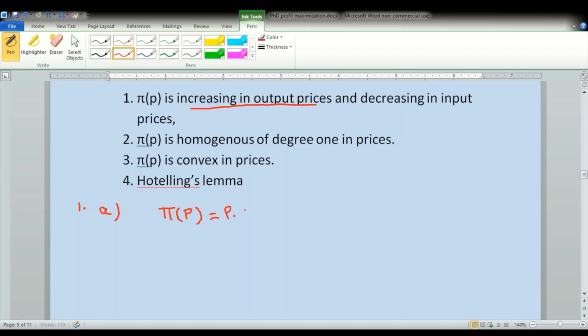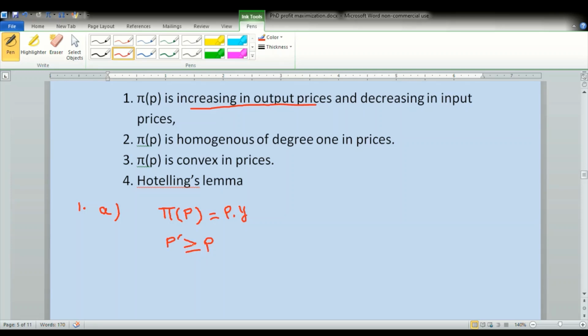So this is P times Y. So Y is the profit maximizing netput vector at the input output price vector P. Now suppose that the price vector changes from P to P dash such that P dash is greater than or equal to P. It is greater than P in output dimensions and equal to P in input dimensions.